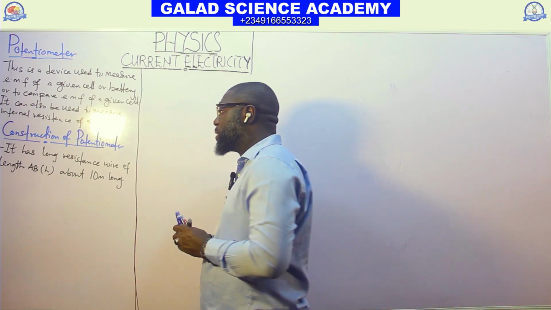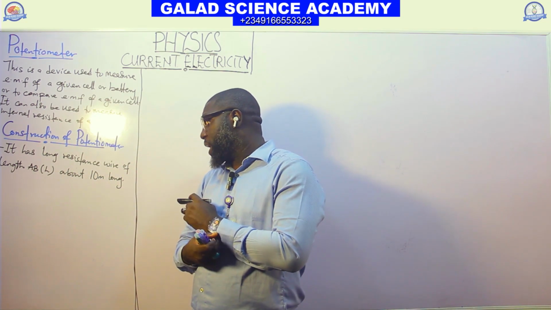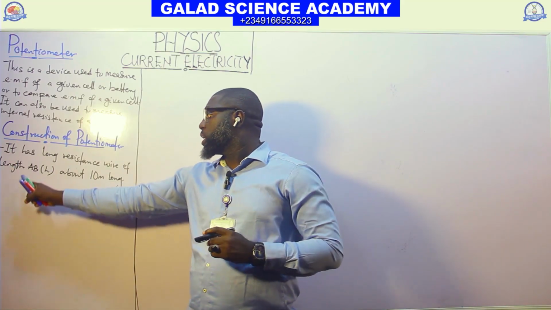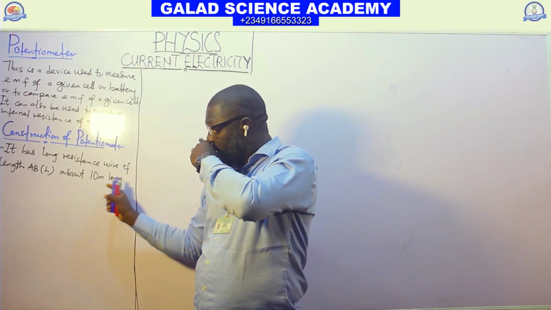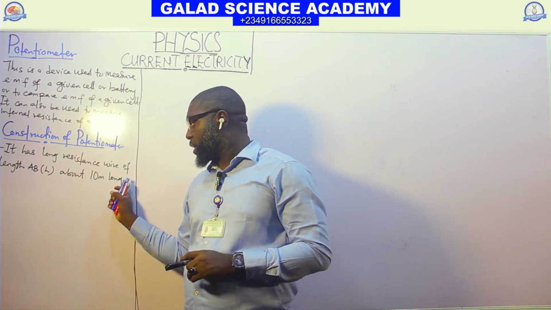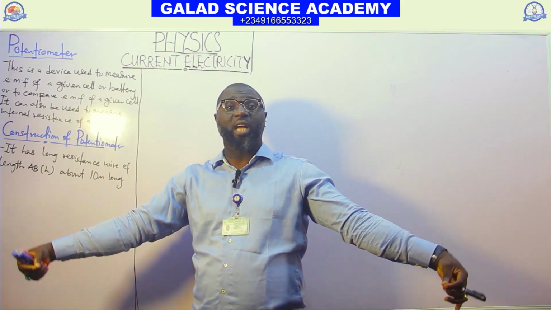The potentiometer has a long resistance wire of length AB. We place the wire on a uniform meter rule.